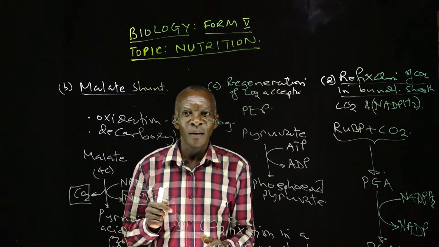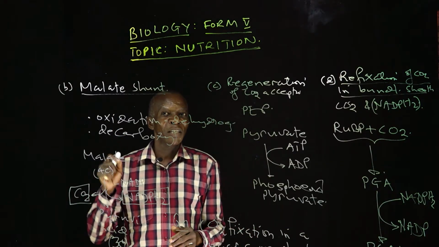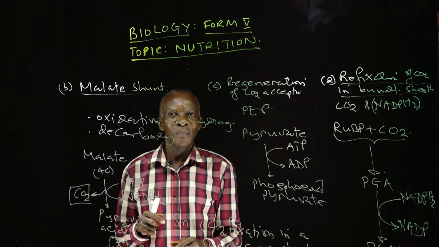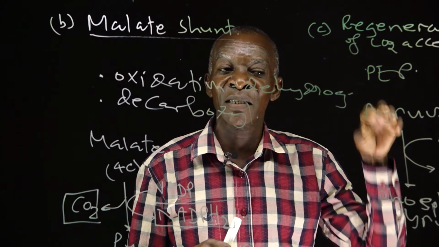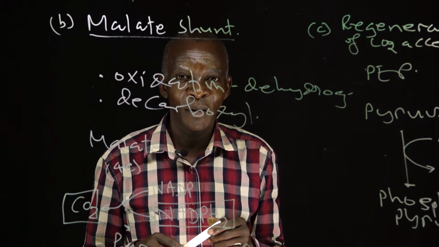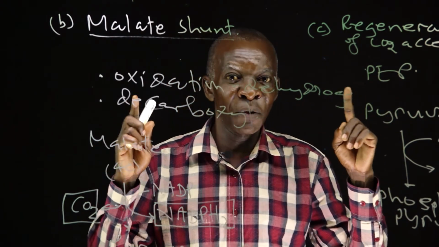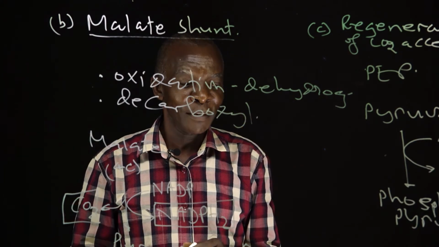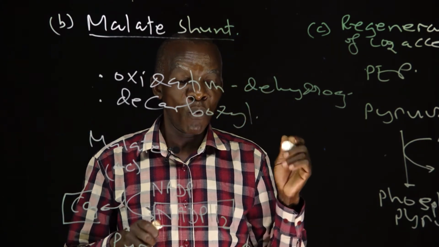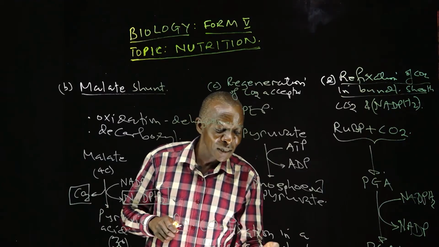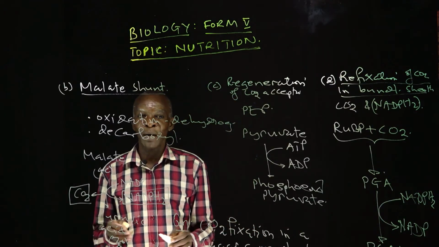Remember the examples of the C3 plants and representative members of the C4 plants. If you have those examples in your mind, it will be easy to know why a sugarcane plant and not any other plant.